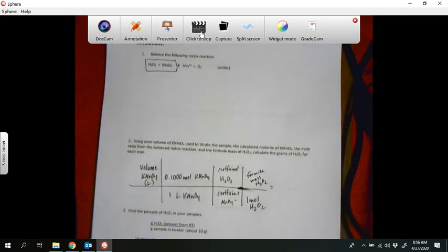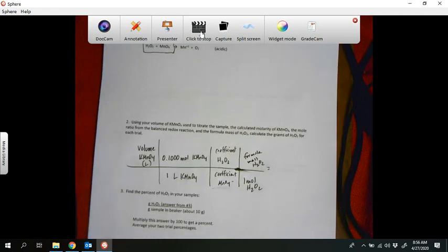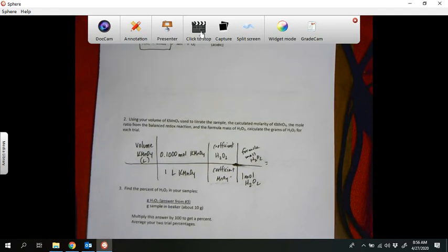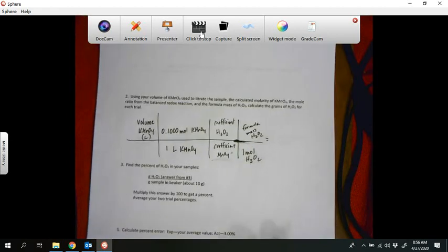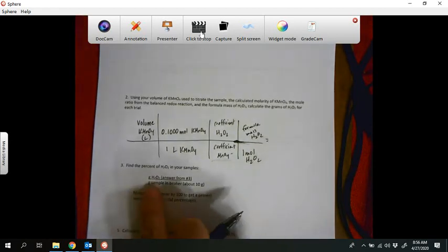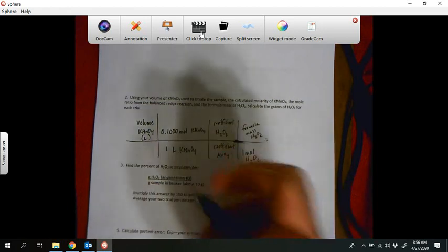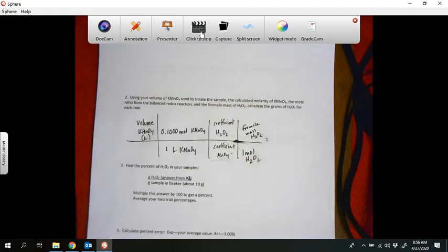And then, once you have that number, remember that commercial hydrogen peroxide is not 100% peroxide. It's only 3% from the bottle. So we're going to see what the percentage was in our 3 trials and then average those. So your answer from up here, and I know it says number 3, it's actually number 2.